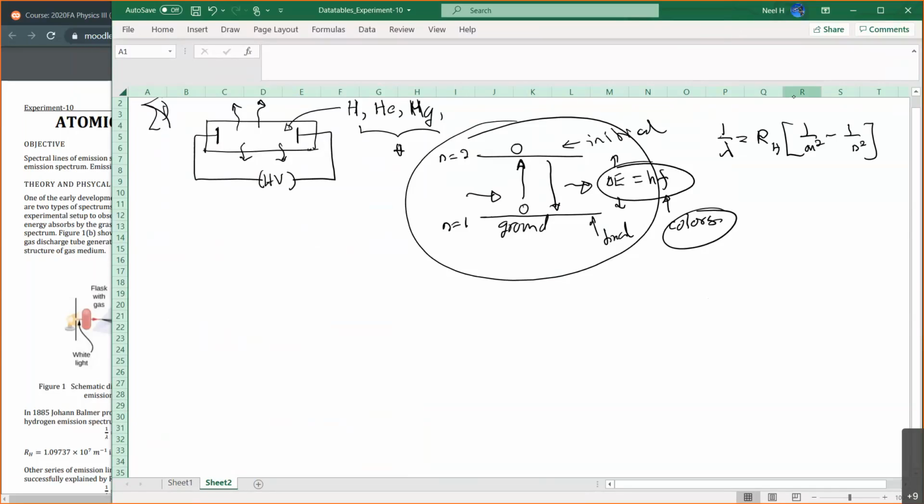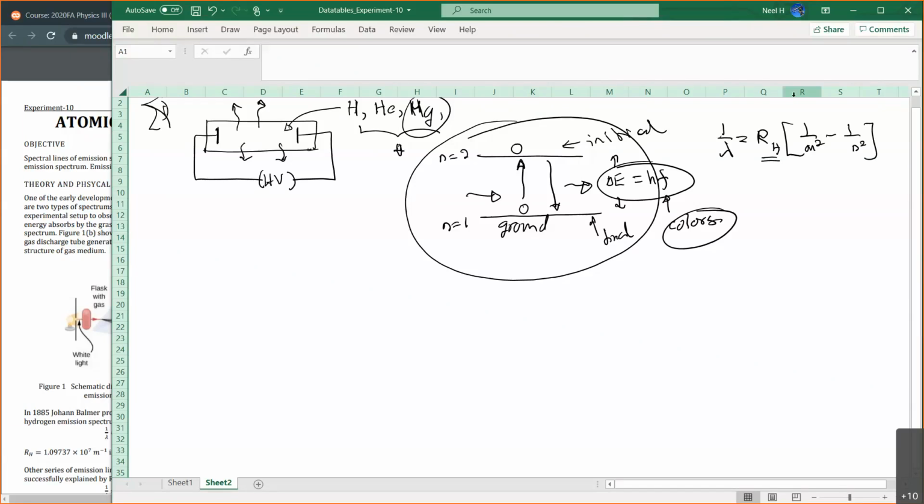It worked very well. Not for all types of elements. It works very well for hydrogen, and for helium it also worked fairly well. When the atomic number is lower, which means the lighter elements, this works very well. But if we have a heavier element, for example mercury, which is very heavy, this formula doesn't work at all.